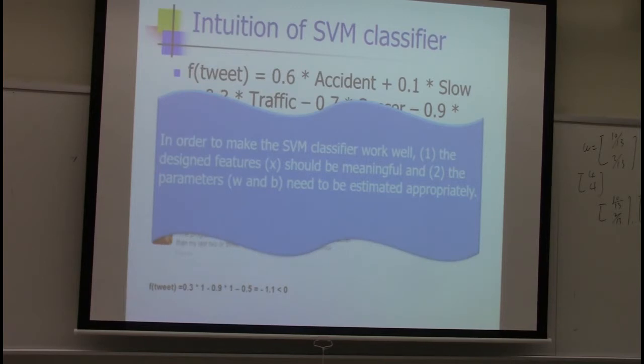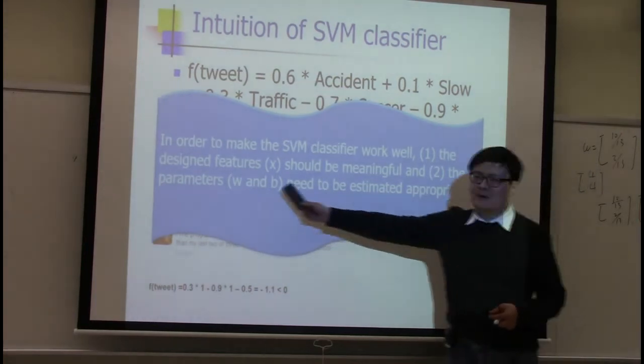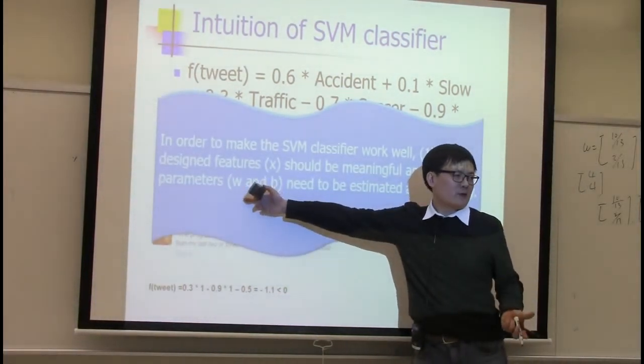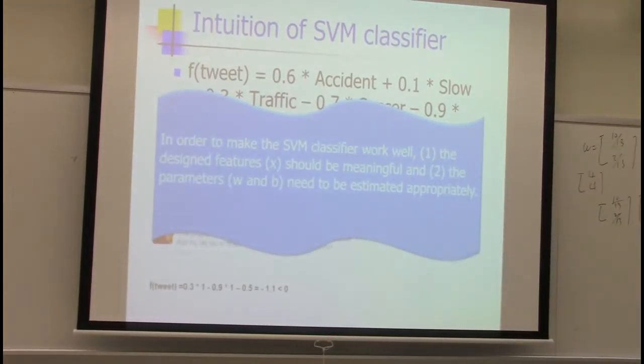This may not be a good feature, and we don't know. It's just a random example. So some features may not be very useful. So you should have meaningful features, and then you need to estimate w and b. w is the weight of the features. b is the bias of your classifier. Okay?